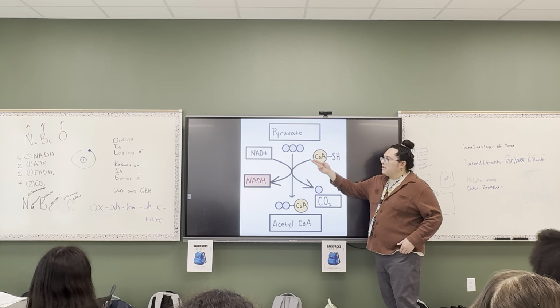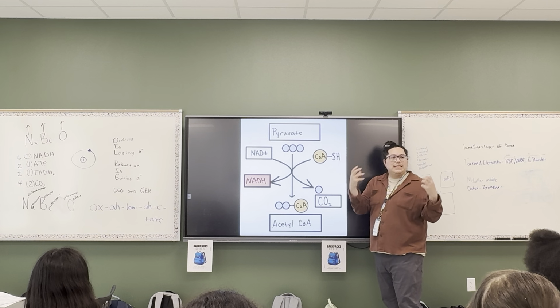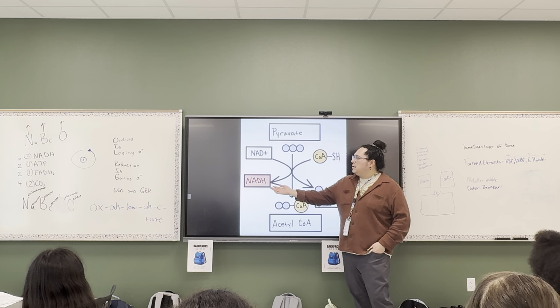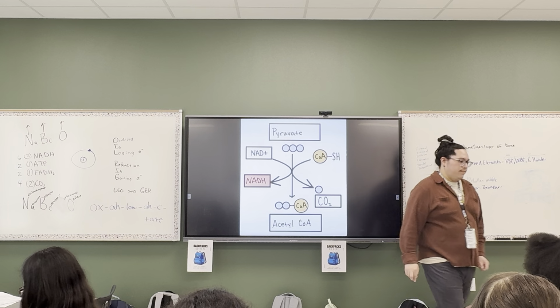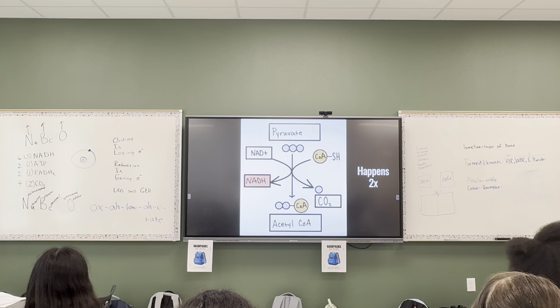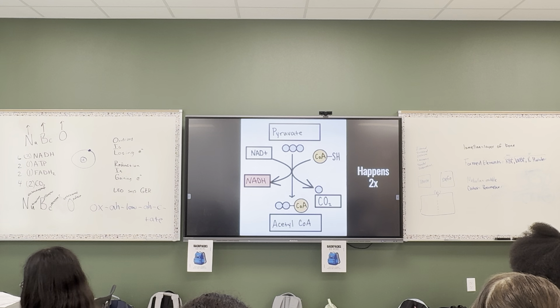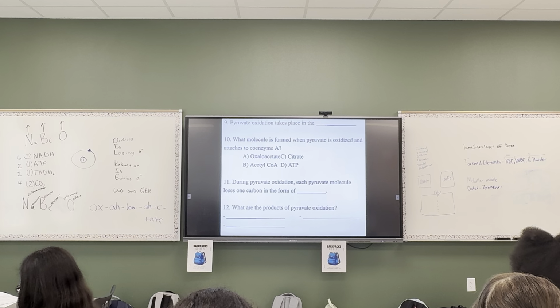But since we broke something, again, we release that energy in the form of NADH. Okay. And it happens twice because how many pyruvates did we have? 2. Because we made two pyruvates in what step? Glycolysis. So go ahead and answer questions 9 through 12, please.